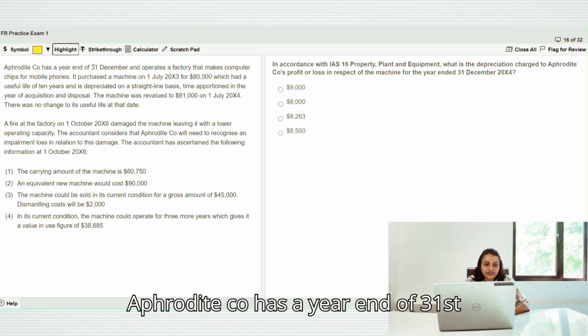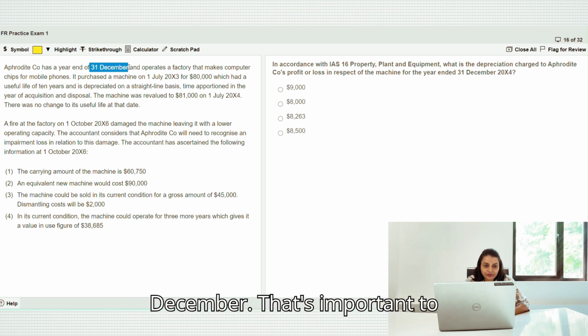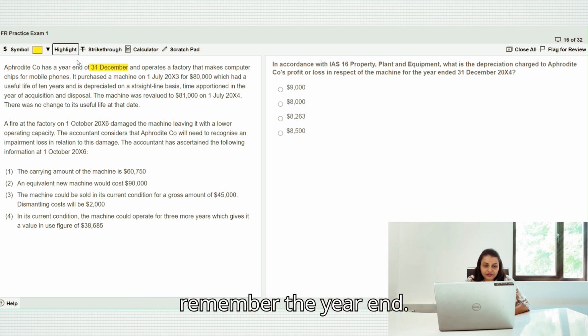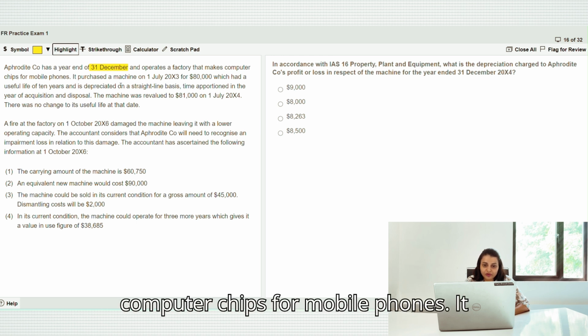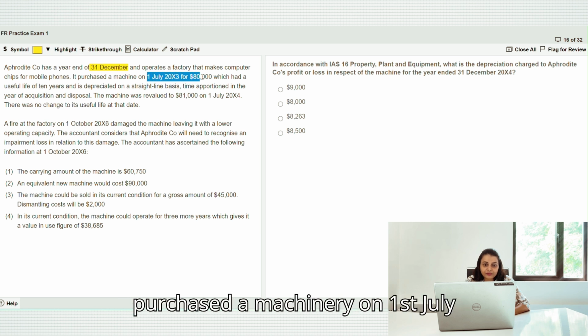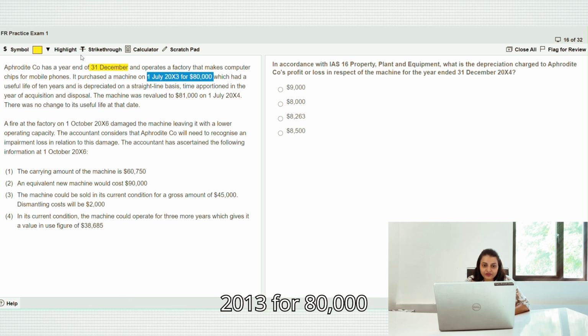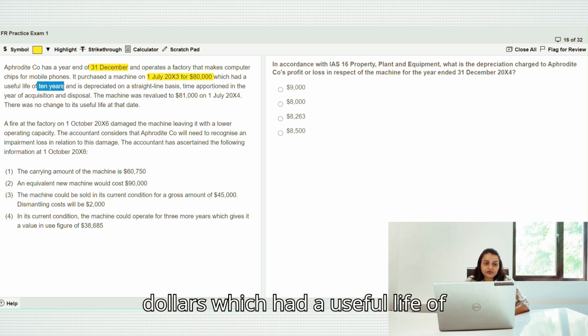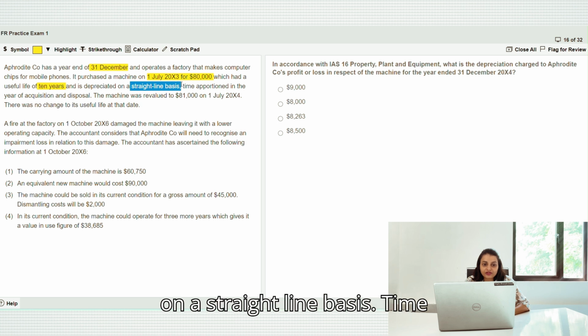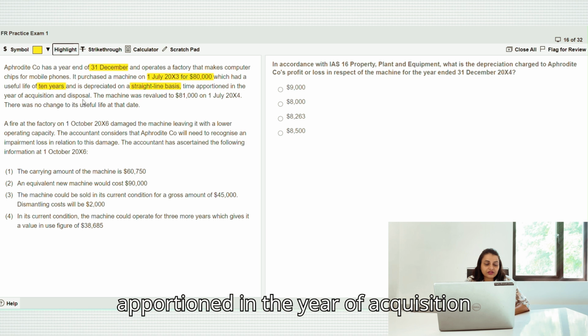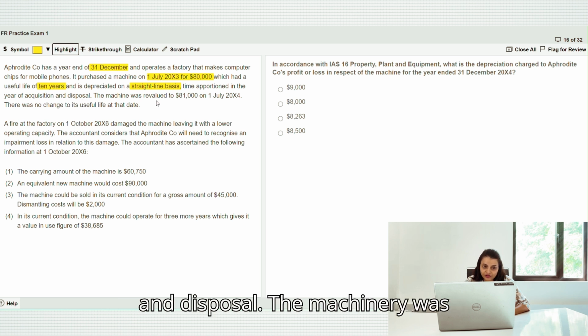Afroid Co has a year end of 31st December. That's important to remember, the year end. It operates a factory that makes computer chips for mobile phones. It purchased a machinery on 1st July 2013 for $80,000, which had a useful life of 10 years, and depreciation is on a straight line basis, time apportioned in the year of acquisition and disposal.